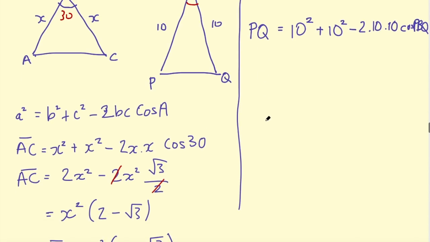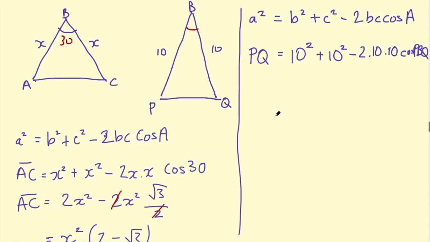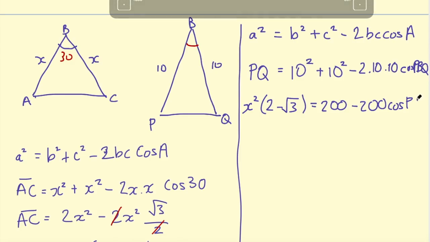Now I have an expression for PQ, which is x squared times 2 minus root 3, so I'm going to plug that into the equation and simplify this a little bit. So that's going to be 200 minus 200 cosine PBQ. Okay, this is looking quite good actually.